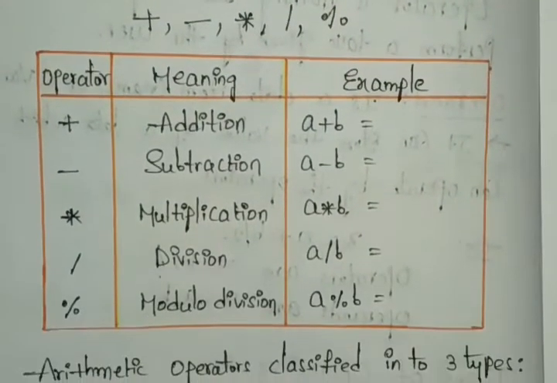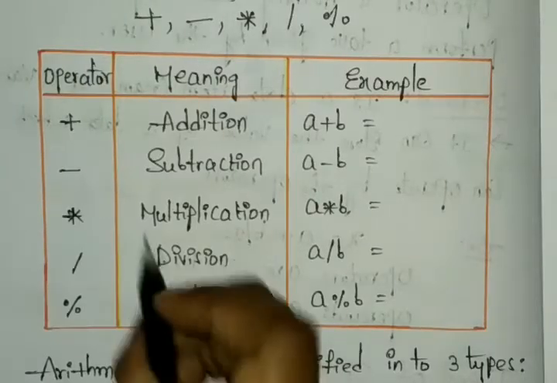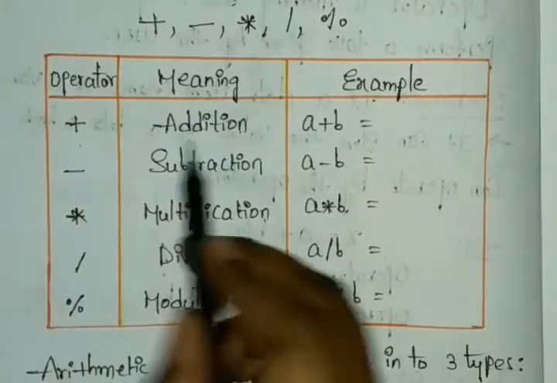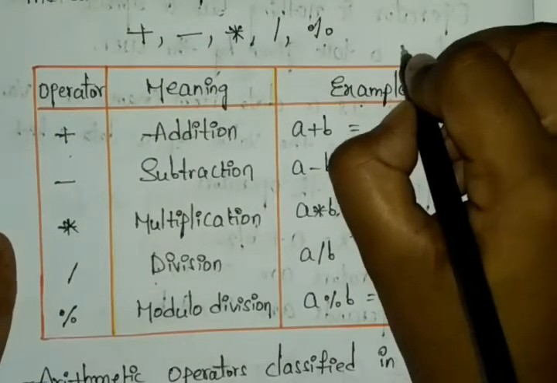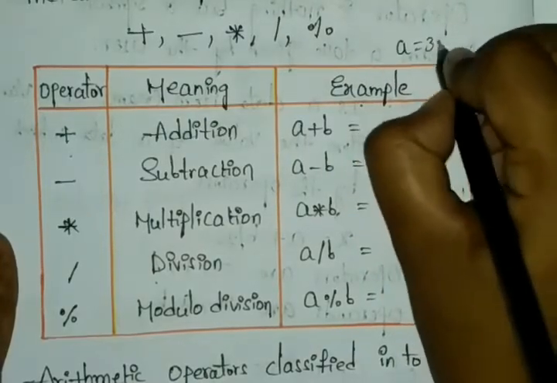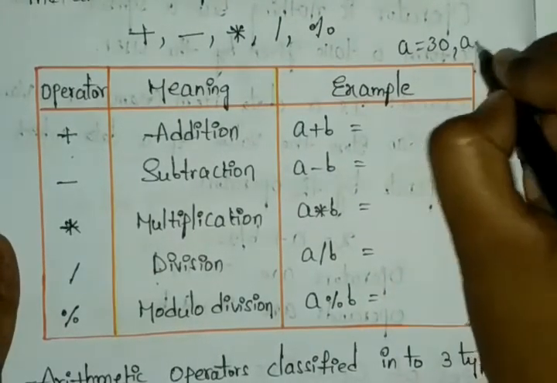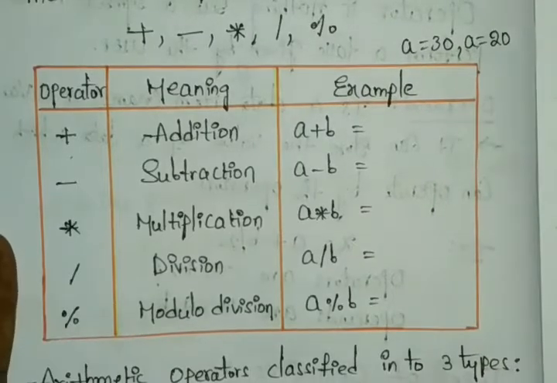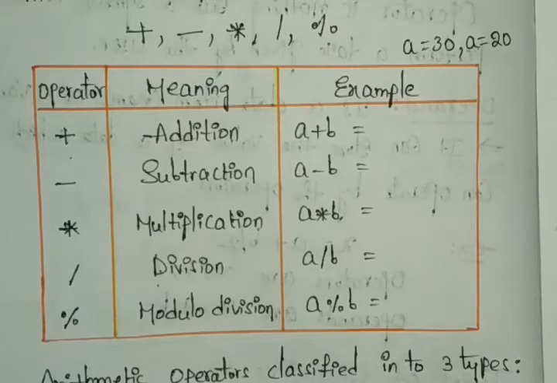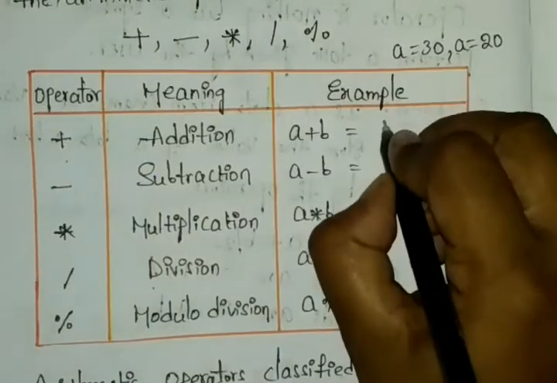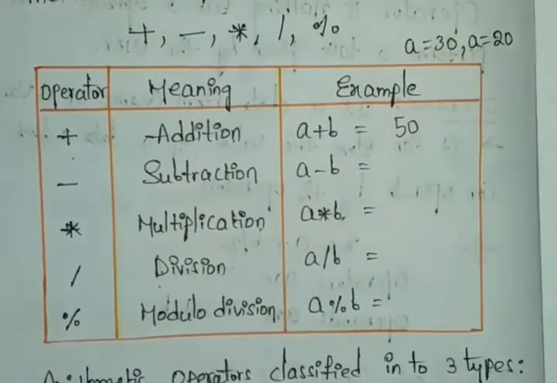Looking at this table, plus is addition. Suppose I choose A value as 30 and B value as 20. A plus B gives 50.